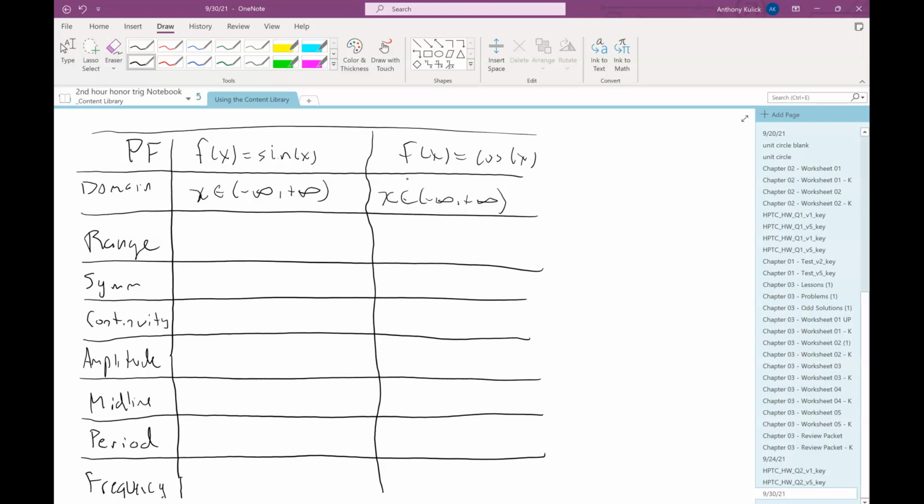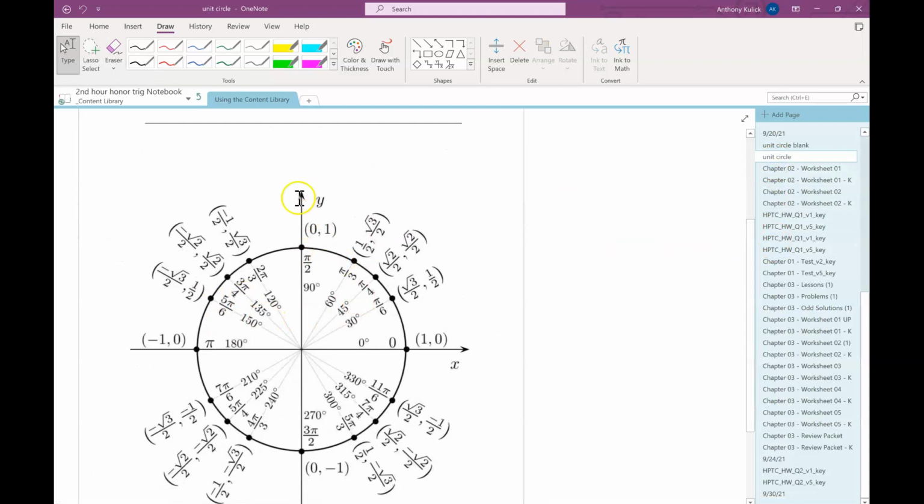Now let's think about the range for sine and cosine. Remember that the input is going to be an angle value, right? We do sine of an angle, and the output is the y coordinate for that point on the unit circle.